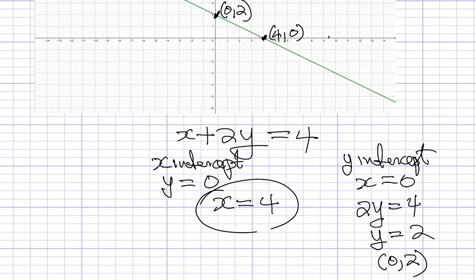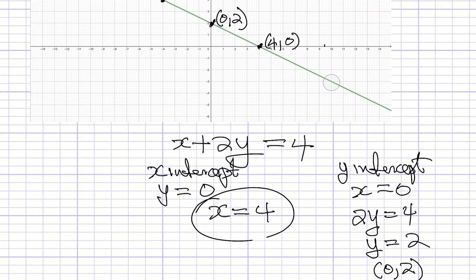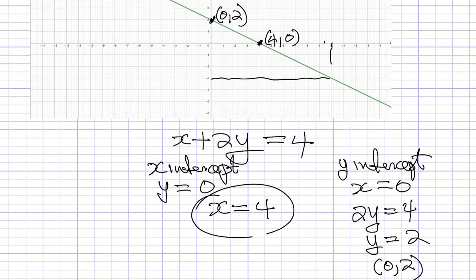Let's choose this point here, right here. So what is that point? You go to the x-axis. X is 10. And then you go to the y-axis. Y is minus 3. So that's how you do it.